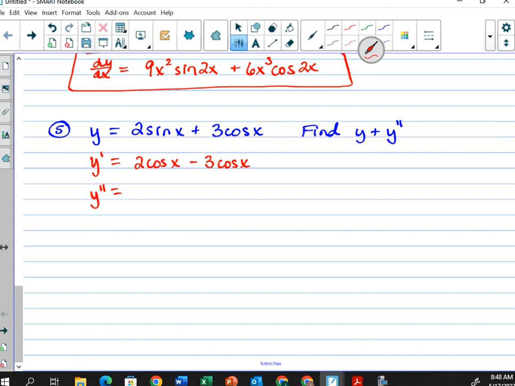Oh yeah, this one's sine. Sorry. Hold on. All right, minus 3 cosine of x. We're never done. So when you add y and y double prime, what do you get? Zero.